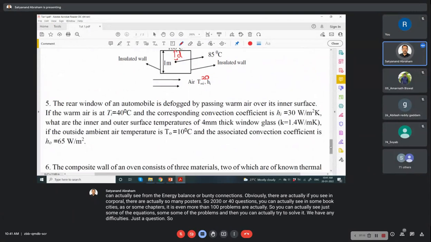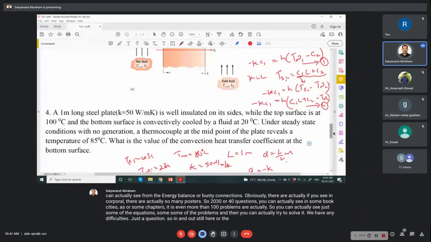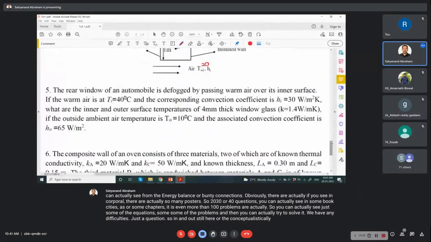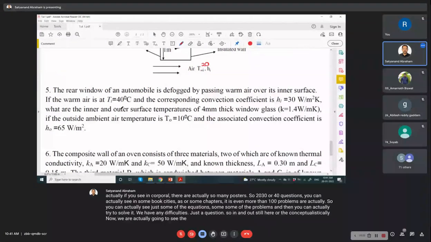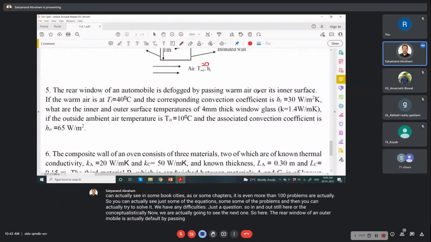Any doubts still, or are the concepts clear? Okay. So now we are going to see the next one. Here, the rear window of an automobile is defogged by passing warm air over its inner surface.